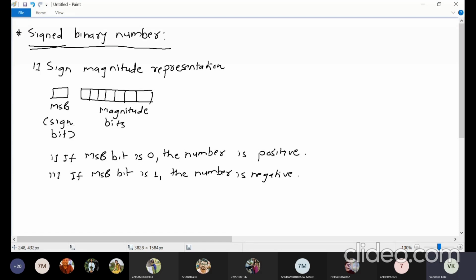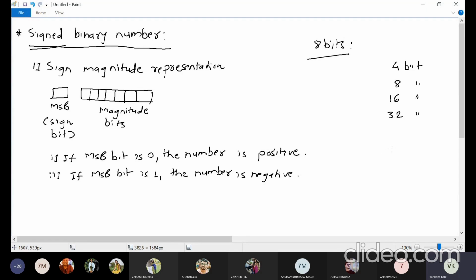Again, in all the examples we will represent the number with 8 bits. There are some standard representations with which we can represent a number in binary: with 4 bits, 8 bits, 16 bits, or 32 bits.